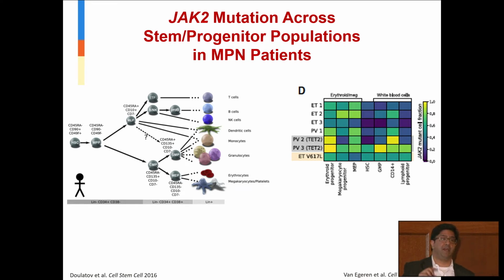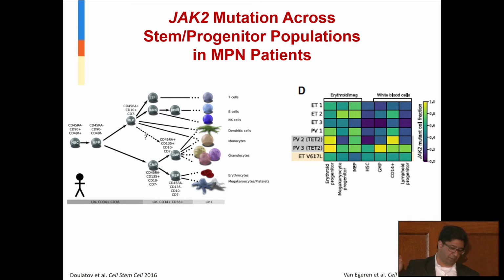But if you look at each of those series of steps, and you look at patients who have an MPN, are there differences in where, for example, the JAK2 mutation shows its, where it lives, in one way to put it. And so each column here in this panel D is a different compartment in a patient's blood stem production.